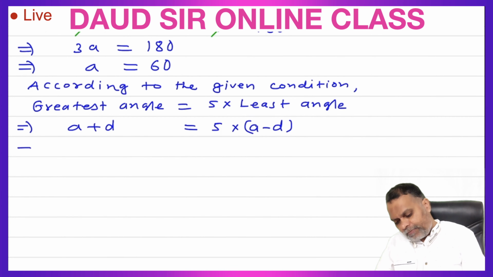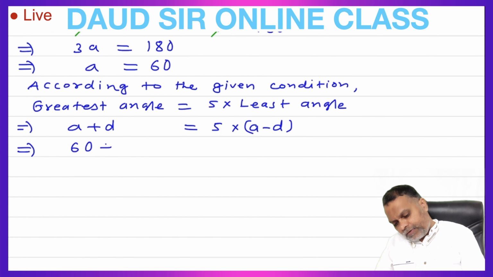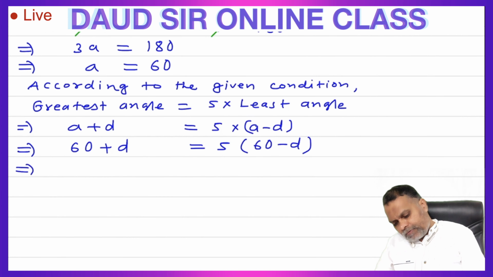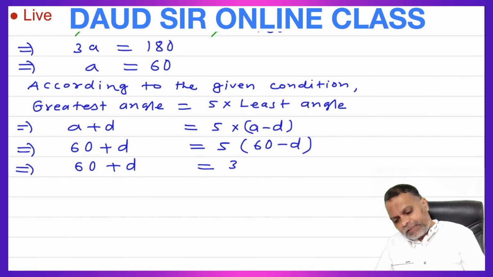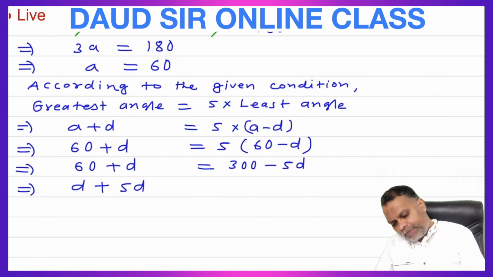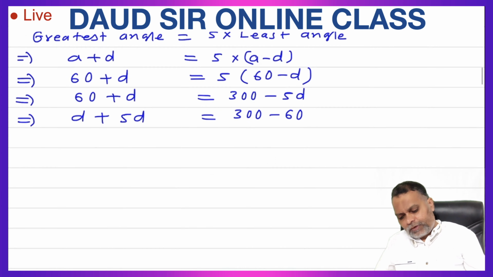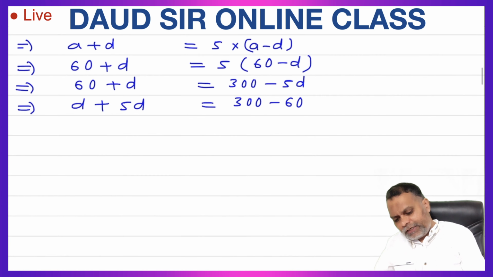Substitute the value of a. 60 plus d is equal to 5 into (60 minus d). 60 plus d, 6 5s are 30, this 300 minus 5d. Simplify this, d plus 5d is equal to 300 minus 60. So d plus 5d, 6d.